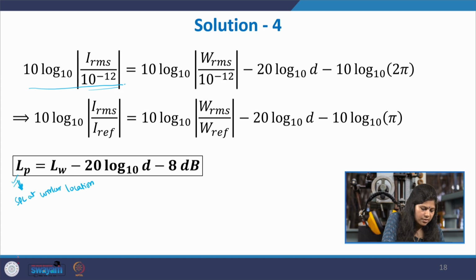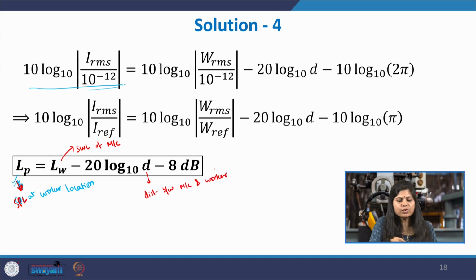Okay. This is the SPL at the worker location, and this is the sound power level of that machinery, and this is the distance between machinery and worker.